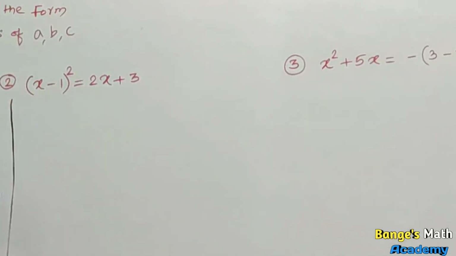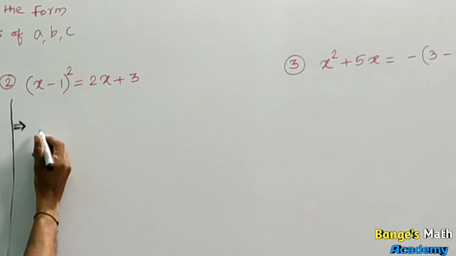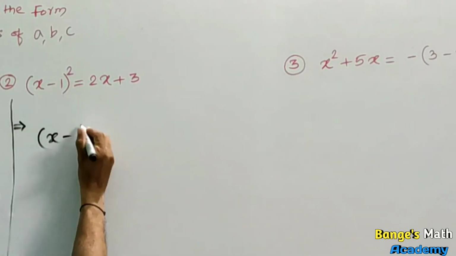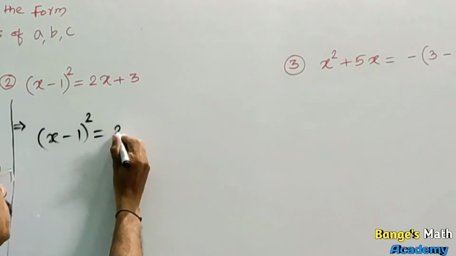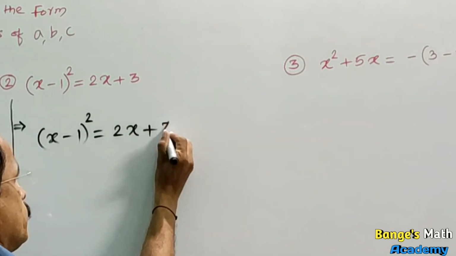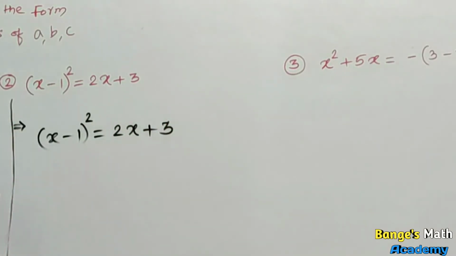Then see the second example. Write down x minus 1 bracket square is equal to 2x plus 3. We have to compare this equation with ax square plus bx plus c is equal to 0 and write down the values of a, b and c.